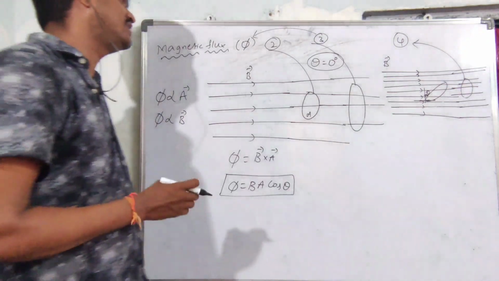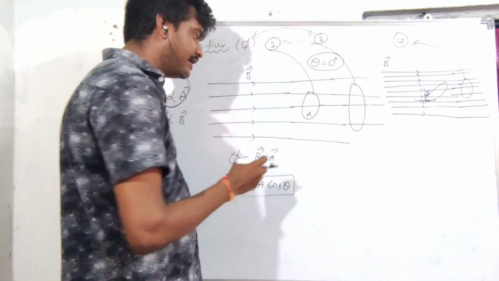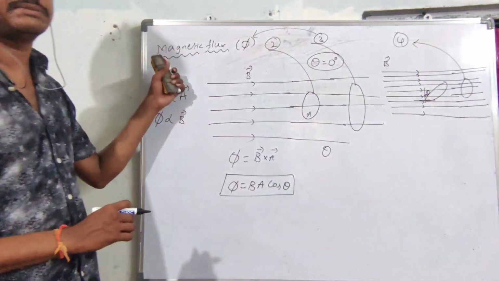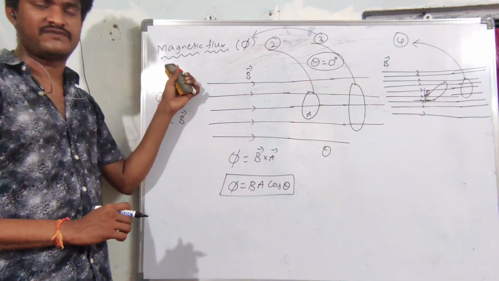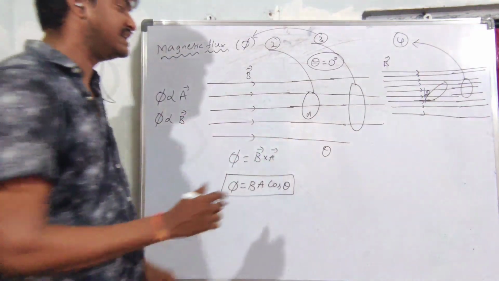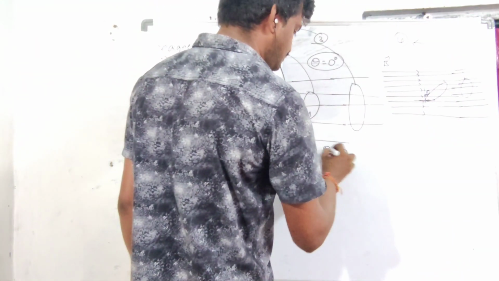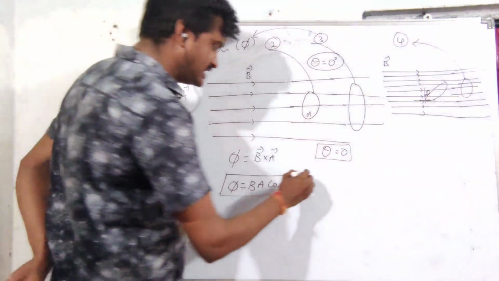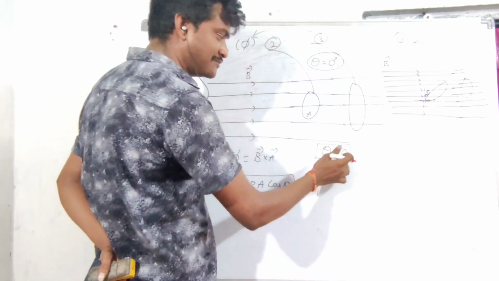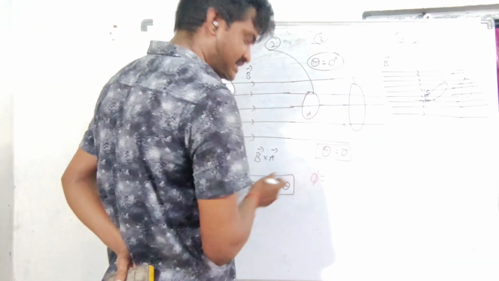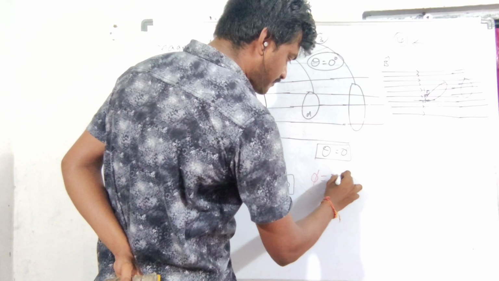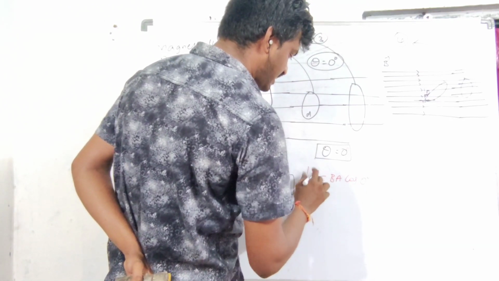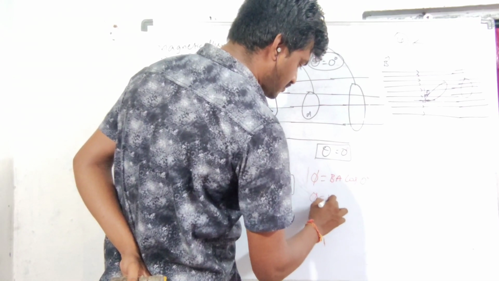Here is one small thing we need to remember. What questions will they ask? When is the magnetic flux maximum and when is it minimum? Whenever theta is 0, we substitute 0 for theta. The angle is 0 degrees, so phi is equal to BA cos 0.